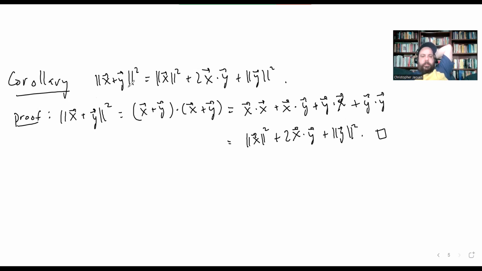So here, if you have two vectors that are perpendicular, if you remember, perpendicular means they meet at right angles. So let's say this is the vector y, and this is the vector x. So they meet at a right angle here.